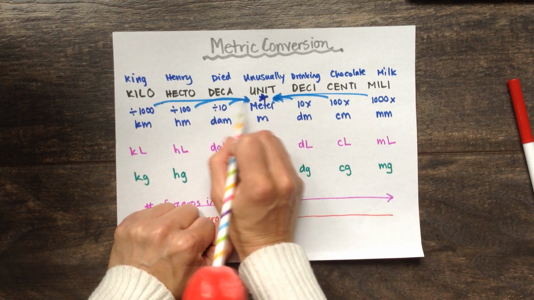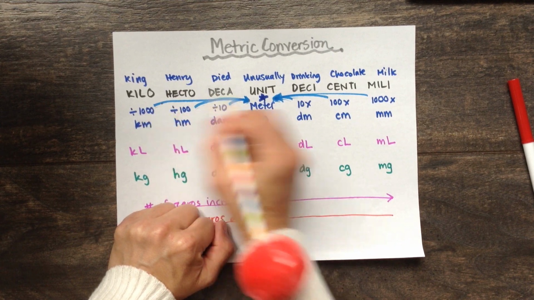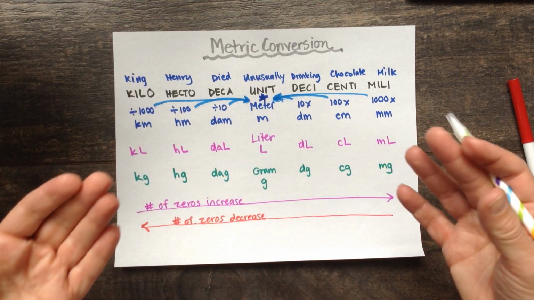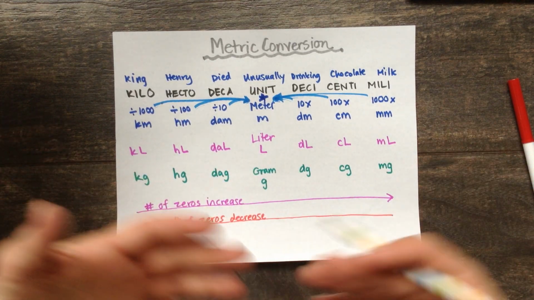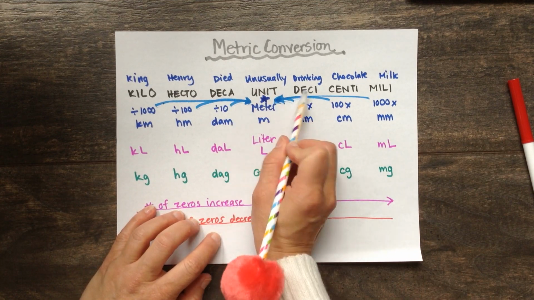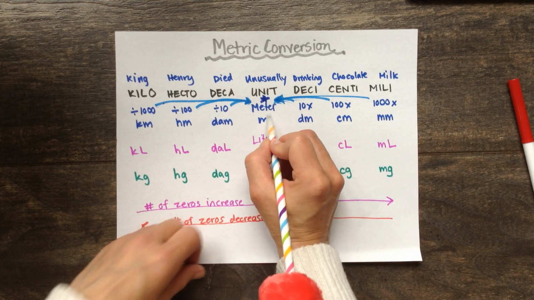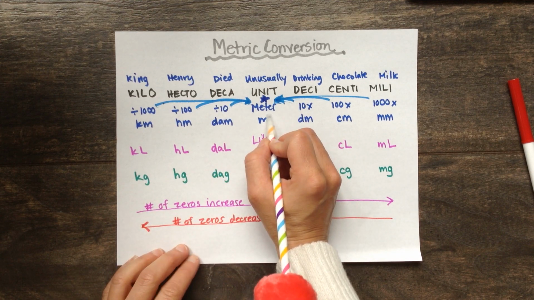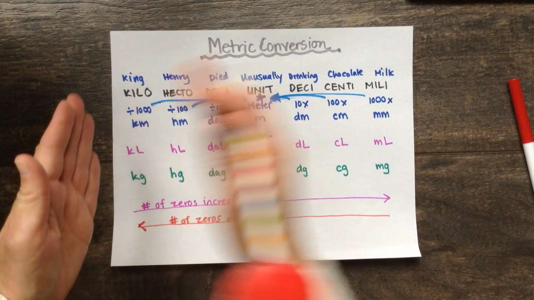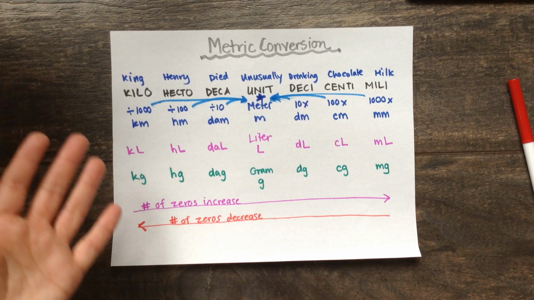On the flip side, my arrows here are always going back to my meter. If I'm going this way, our prefixes mean that the lengths are getting larger. So deca, similar to deci, also means 10, but deca means that if I were to take 10 meter sticks and put them back to back, that is going to be 1 decameter.